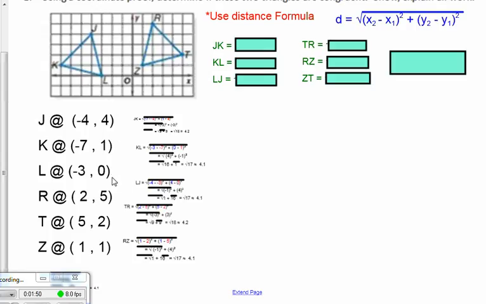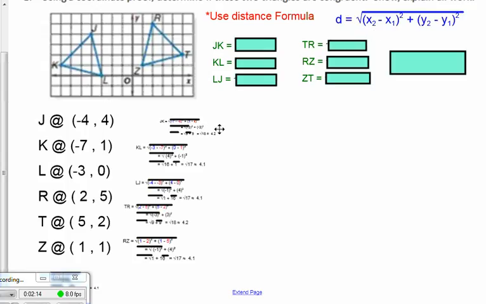L is at -3, 0. R is at 2, 5. T is at 5, 2. And Z is at 1, 1. So that's the points for all of these. Remember, these are all of our x values, these are all of our y values. We will use that in our distance formula while we're proving that.